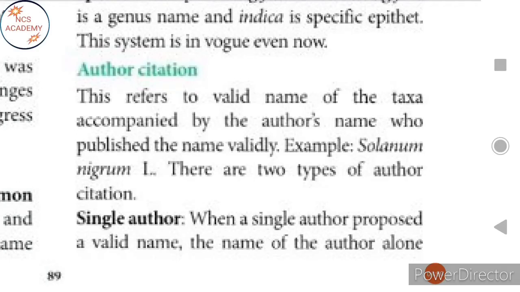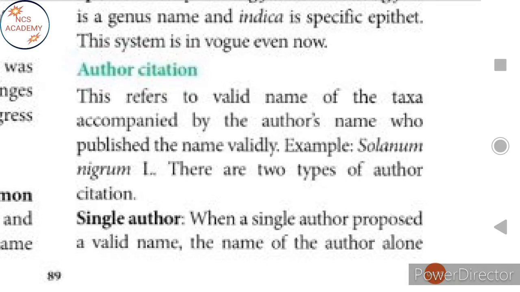Next, define author citation. This refers to the valid name of the taxon accompanied by the name of the author who published the name validly, who first coined the name for any species.